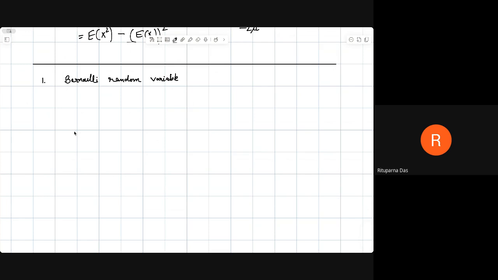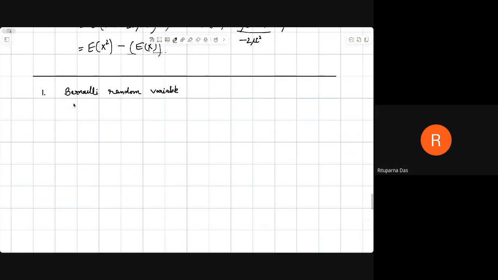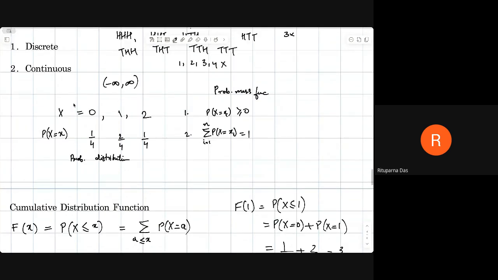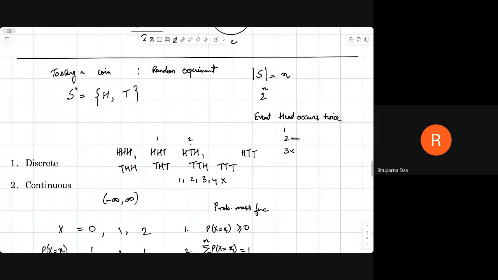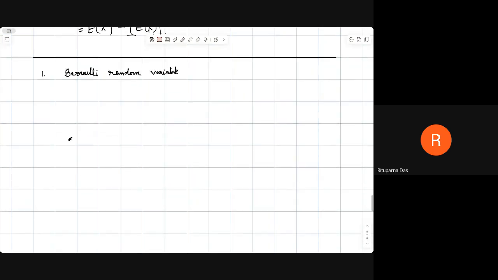So Bernoulli random variable is basically, say in this particular example where we are tossing a coin, we can have at most two outcomes. Those two outcomes are either a head or a tail.